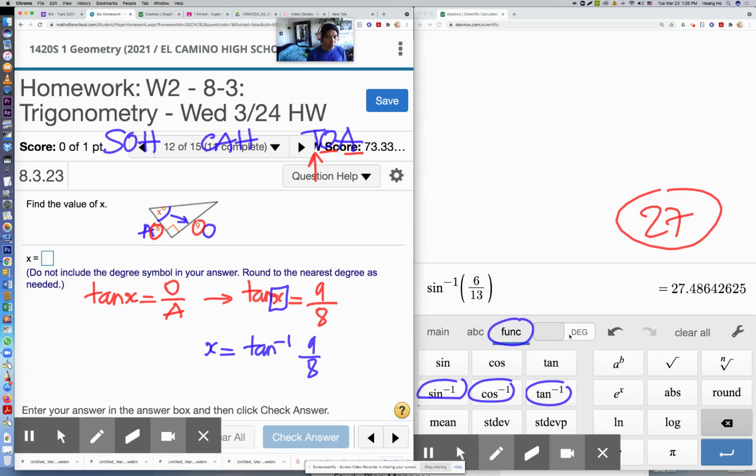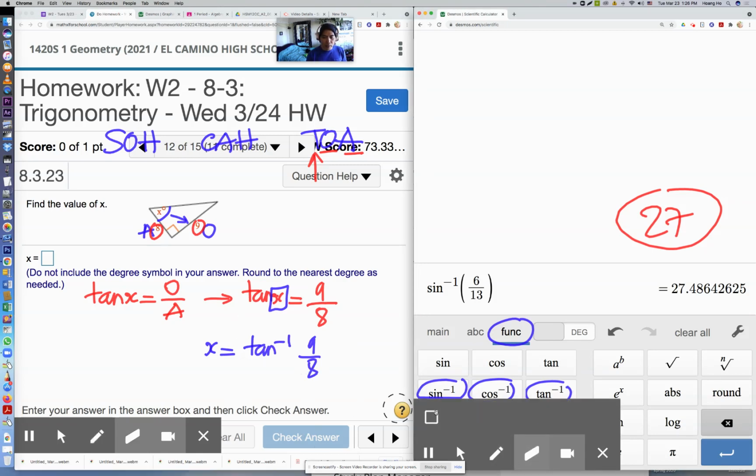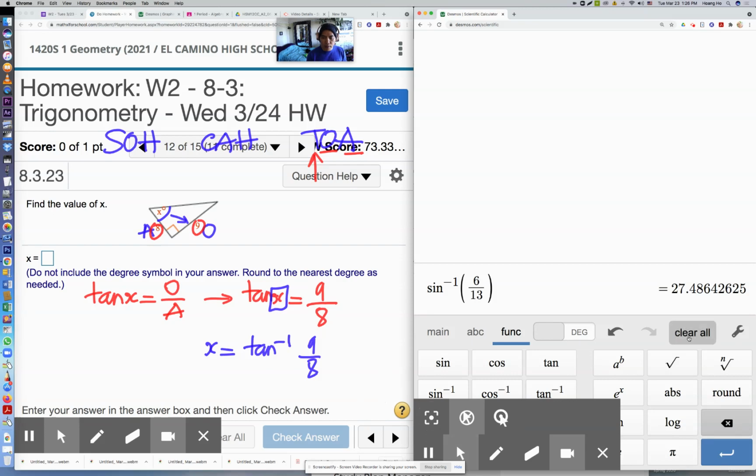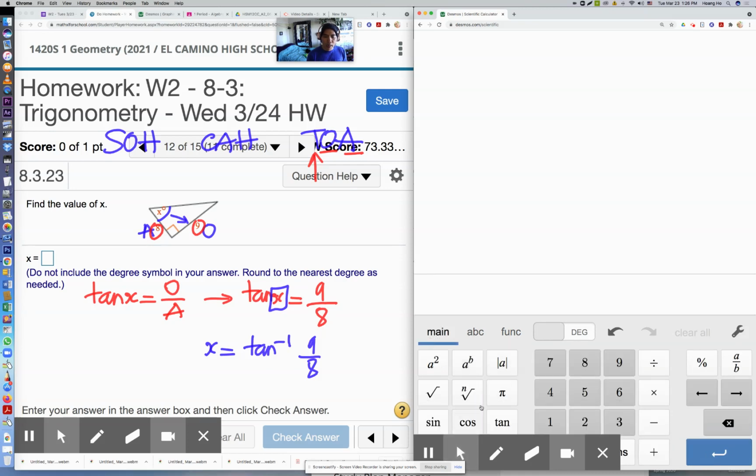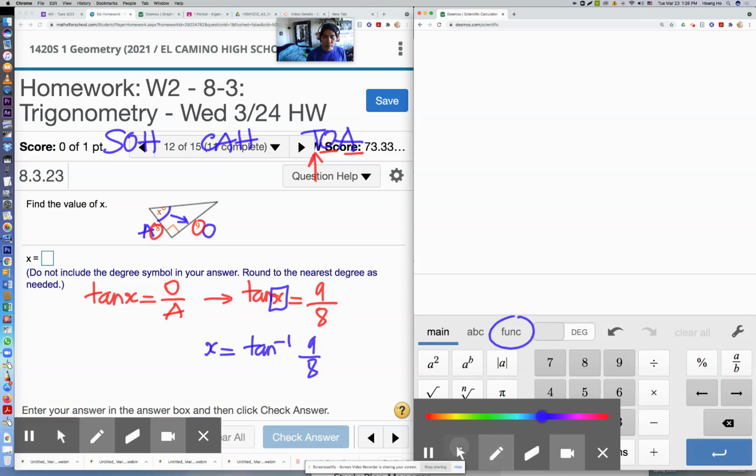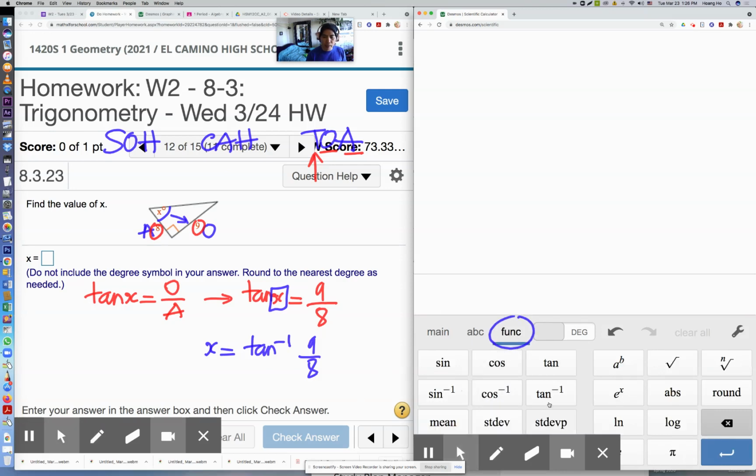Okay. And now go to your calculator. Let's clear out everything. On the main menu, if you want to find inverse tangent, make sure you click on the function right there, and then you see inverse tangent right here.